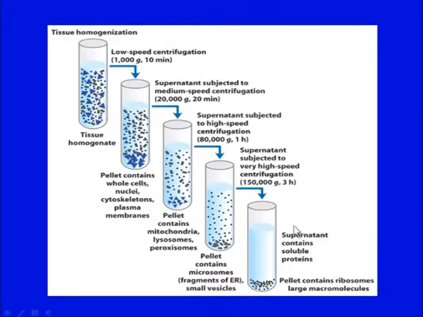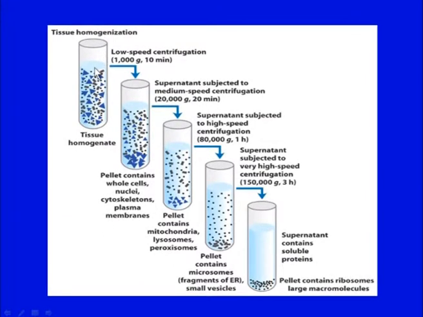So, though you get a partially impure fraction here, this is a very useful and widely used technique for various applications. All right, let us pay attention to whatever we have said, and let us see how this is done here.